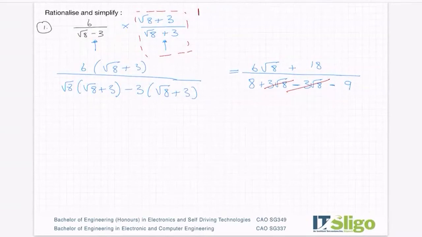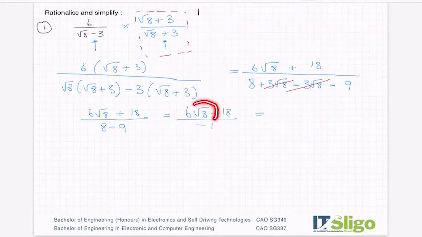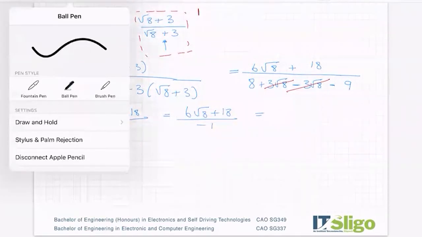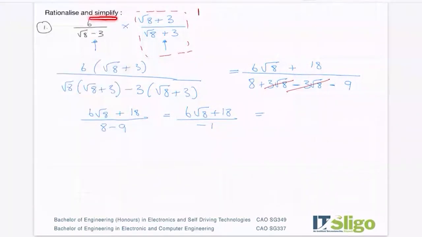Okay, so then let's tidy it up. I have 6 root 8 plus 18 all over 8 minus 9. That's what I'm left with, which is 6 root 8 plus 18 over minus 1. Okay, which is, right, root 8 simplifies. So if you pop onto your calculator, you are going to get 2 root 2 for that number. Okay, and I'm doing this because I suppose the question said simplify.